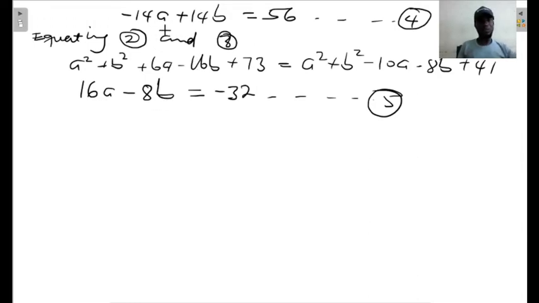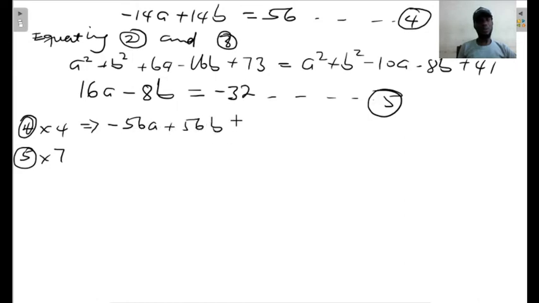So I have to multiply equation 4 by 4, and equation 5 by 7. So equation 4 by 4 is going to give us negative 56a plus 56b equals 224. So this becomes equation 6.